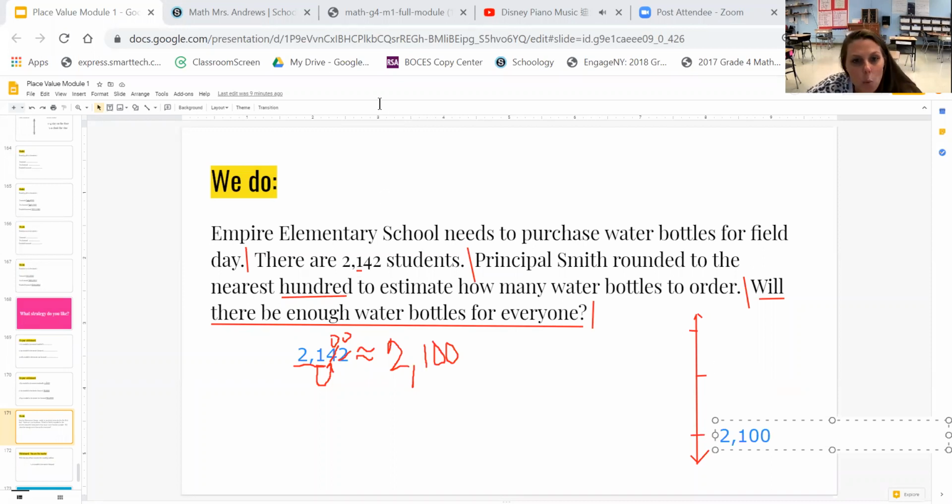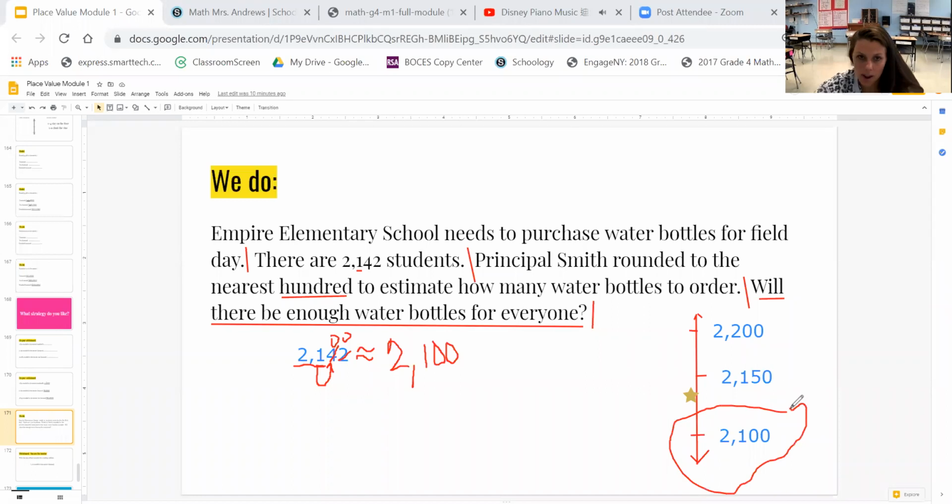And then we add 1 to the hundreds place to round up, so 2,200. The midpoint would be halfway in between, which is 2,150. And now I can plot it. 2,142. So it's pretty close to 50, but not quite there. And I can see that it's definitely closer to 2,100.